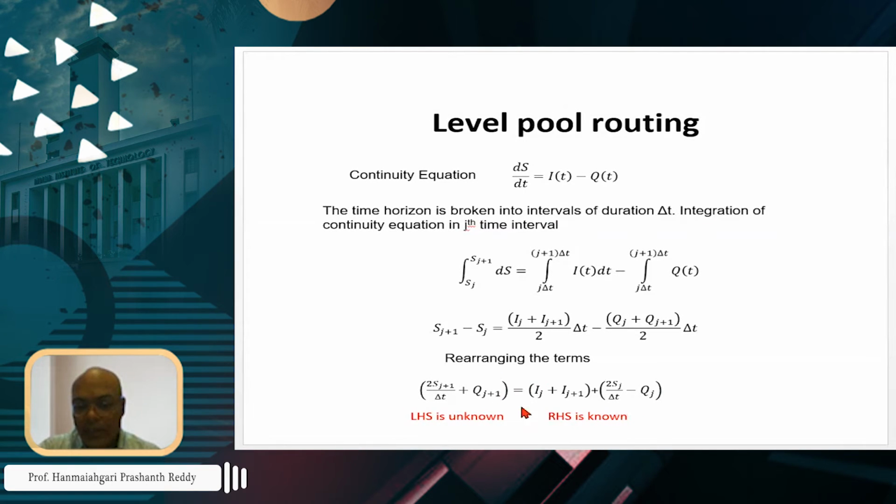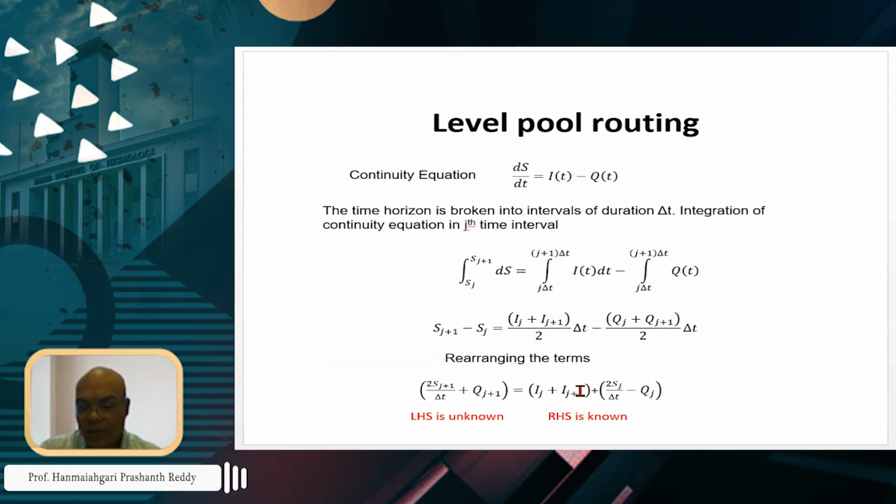So in this equation, the left hand side is unknown, whereas the right hand side is known, because we have been given the inflow hydrograph. So at every time instant of the inflow hydrograph, we know the inflows.